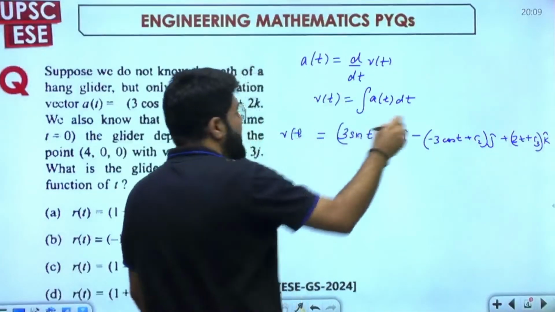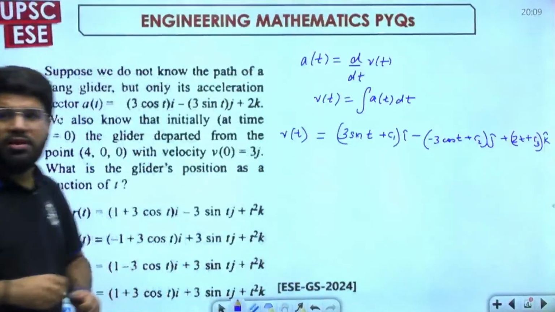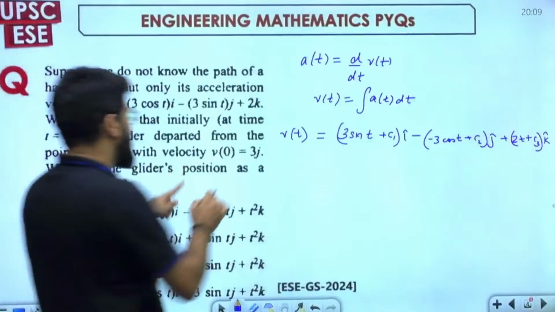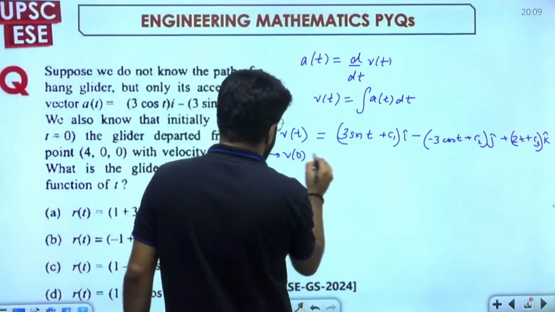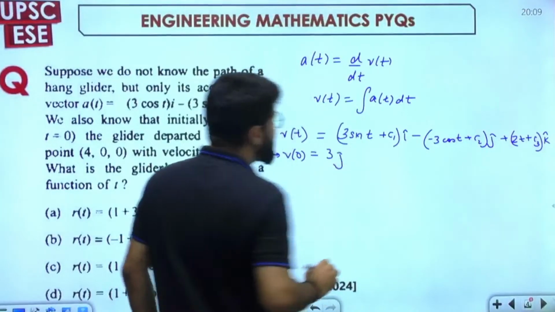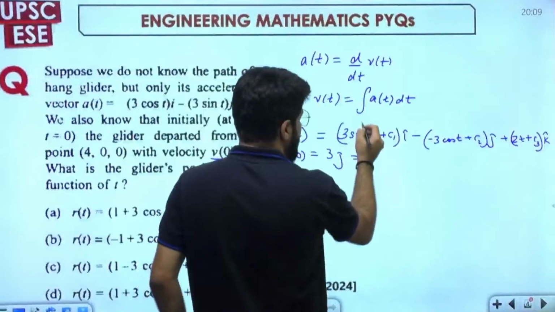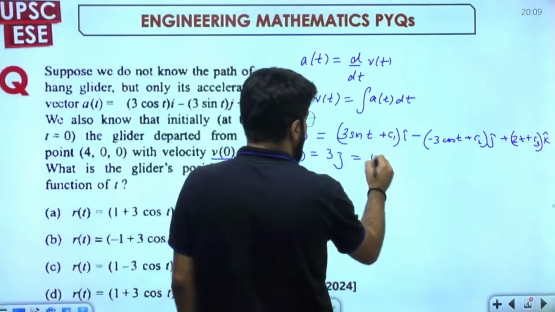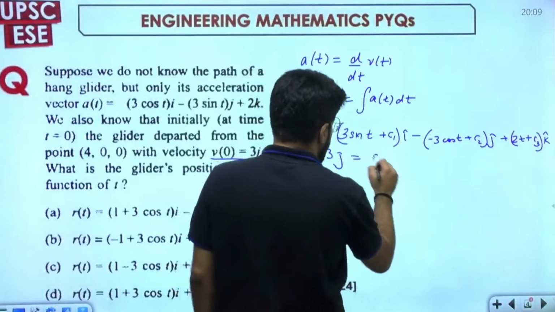But now to find the constants, you are given hints. What are the hints given to you? The initial velocity is 3j. It only has a j component. Now, if you put t equal to 0 here, you get 0 plus c1, so that is only c1 I cap.